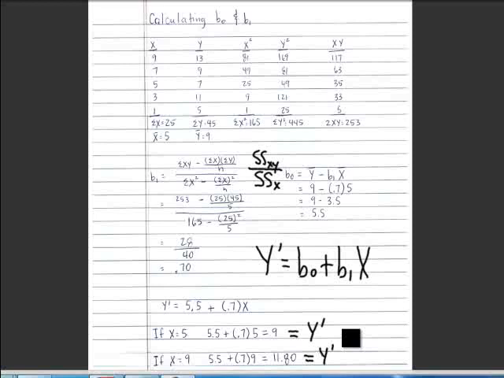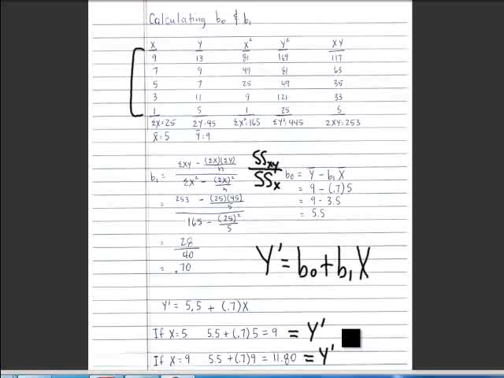One of the things that I do want to point out to you is that prediction equations tend to be only good for any x that is within the range of the x values of your observed scores. So here are our observed x values, and notice I actually used two of the observed scores for you to practice with.